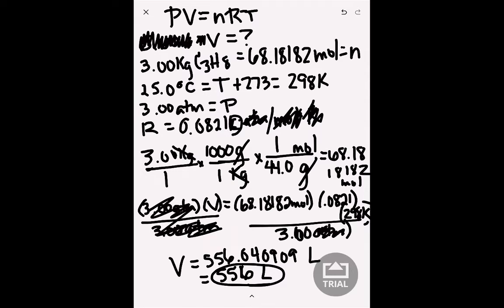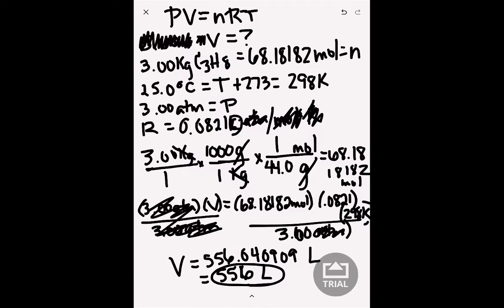A lot bigger container than 5 liters. It looks like the volume increased 100 times. Now, again, I don't have the answer sitting here in front of me. I'm assuming I substituted everything incorrectly. 3 atmospheres, volume, 68 moles, because 3 kilograms is 3,000 grams, which is like 68 moles.